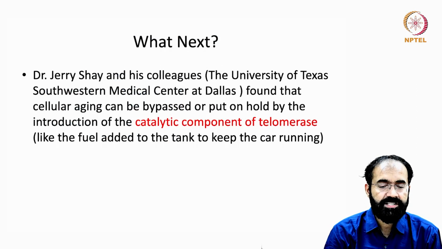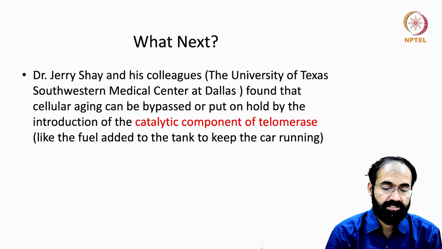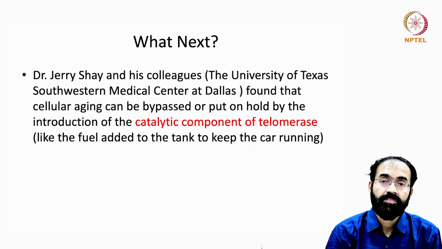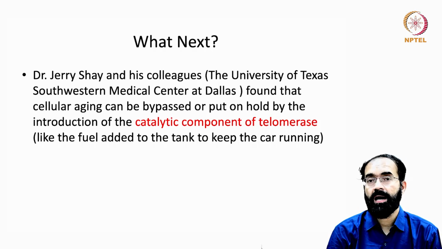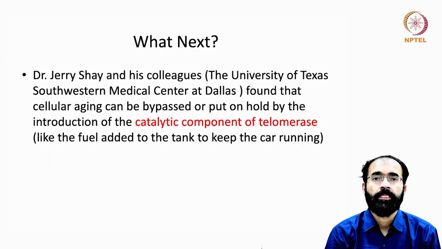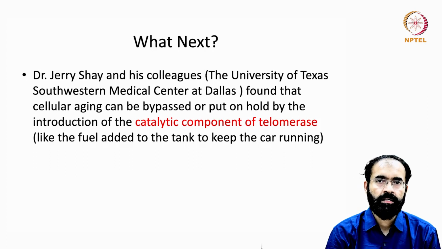So Dr. Jerry Shay and his colleagues at the University of Texas Southwestern Medical Center at Dallas found that cellular aging can be bypassed or put on hold by the introduction of the catalytic component of telomerase. That means adding fuel to the tank to keep your car running. As long as fuel is there, your car can run.